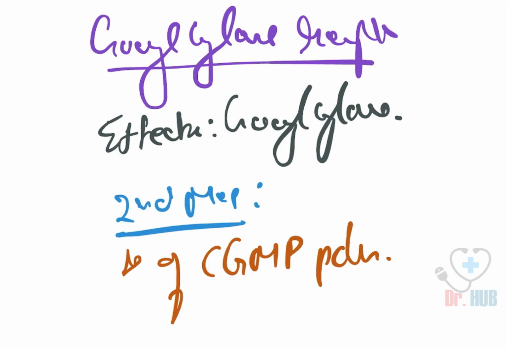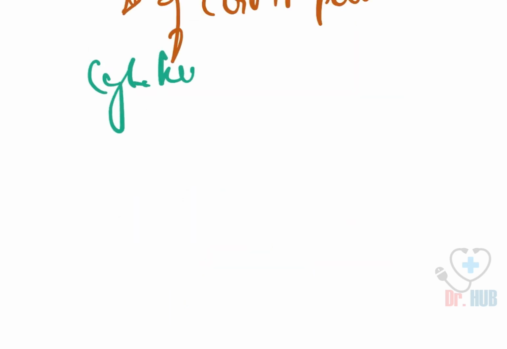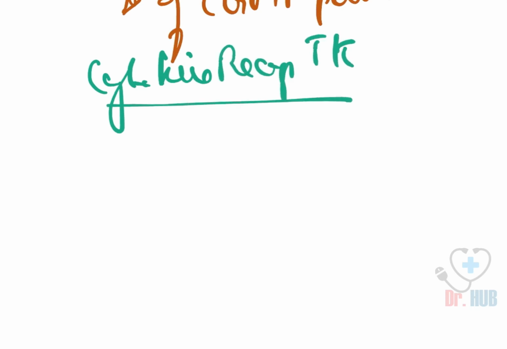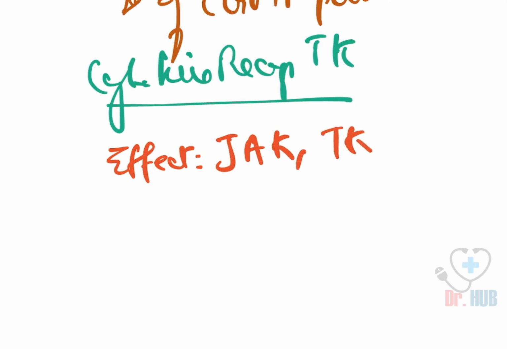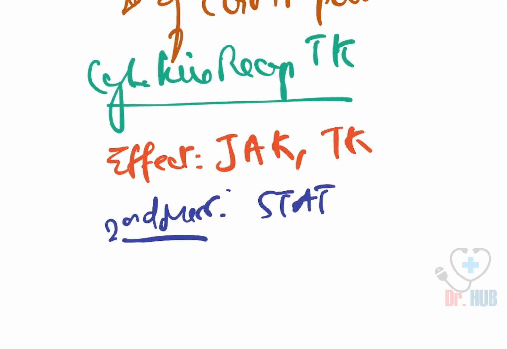Next, we asked about the cytokine receptor tyrosine kinase. So here the effector was the JAK and the tyrosine kinase, and the second messenger is the STAT and the MAP kinase.